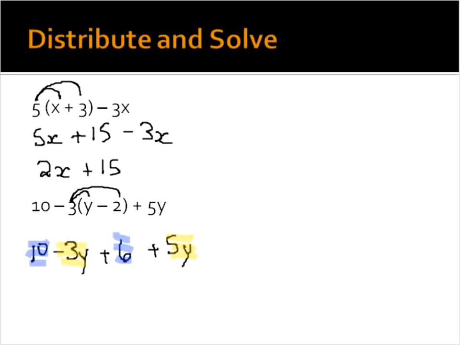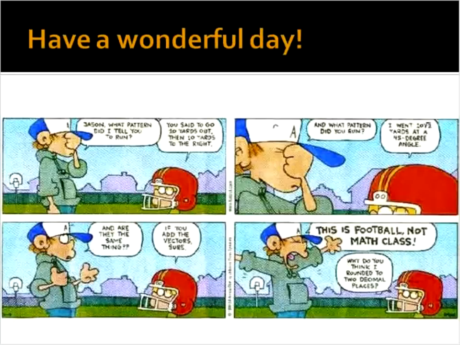Anything that's exactly the same, you can join together. So negative 3 plus 5, in other words 5 minus 3, will give us 2y, and 10 plus 6 is 16. And so that will be our final answer for that question, joining like terms for our final solution.